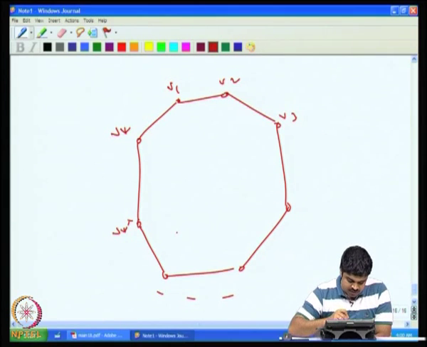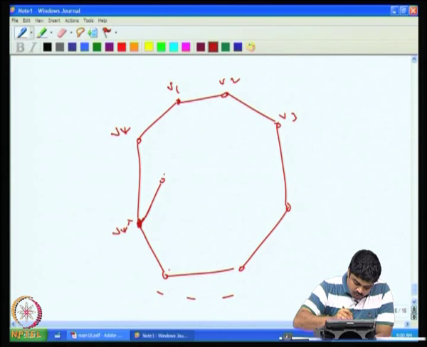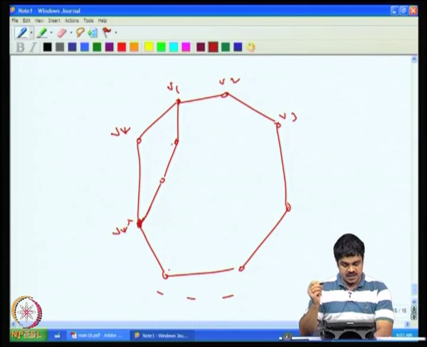There is no chord, that means you cannot see any chord here. In particular, if I look at Vk and Vk minus 1, and look at the shortest path from Vk minus 1 to V1, it will contain one or more vertices. A direct edge won't be there.